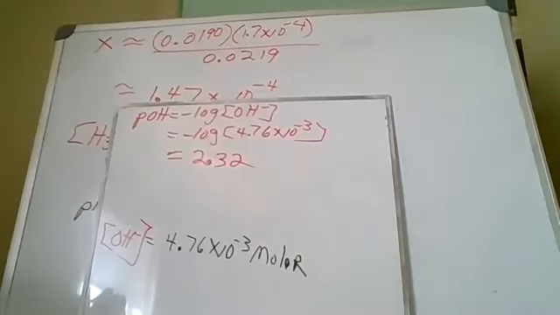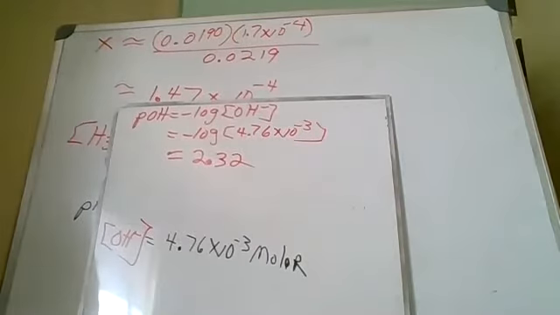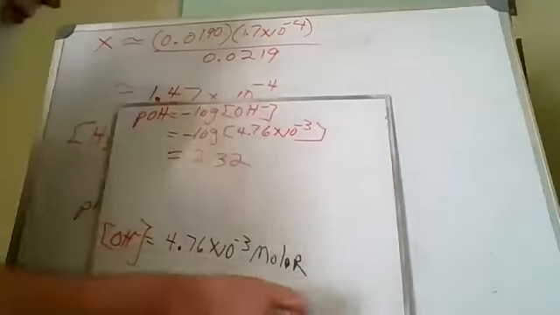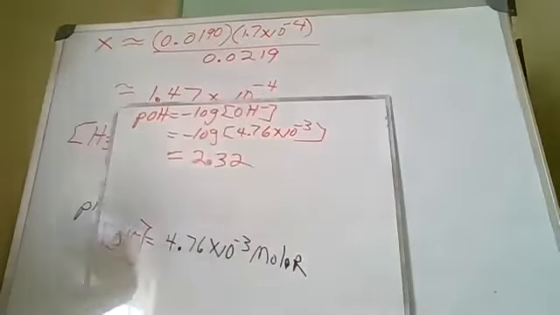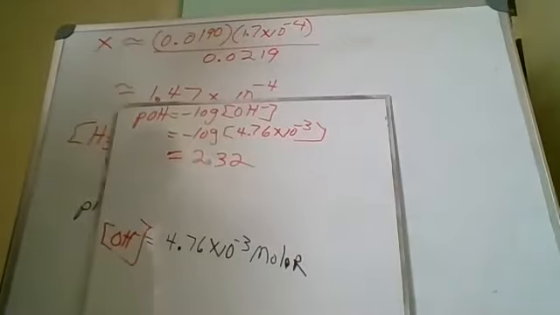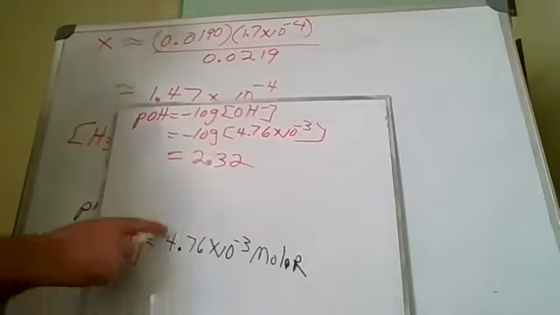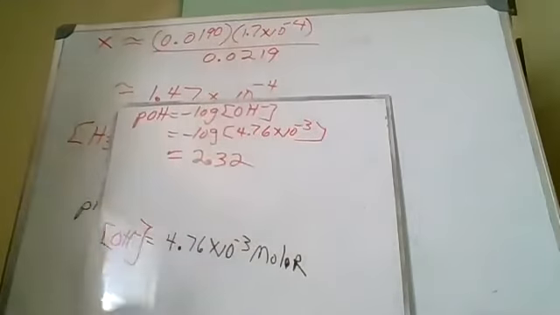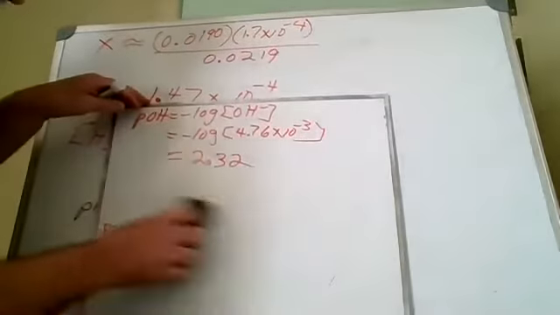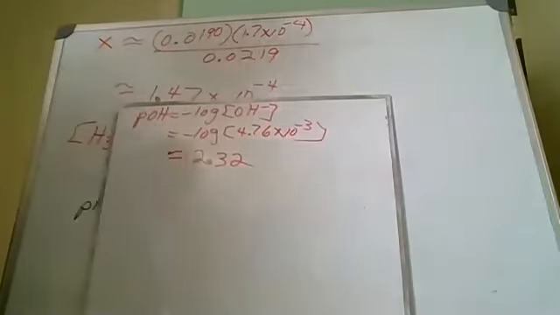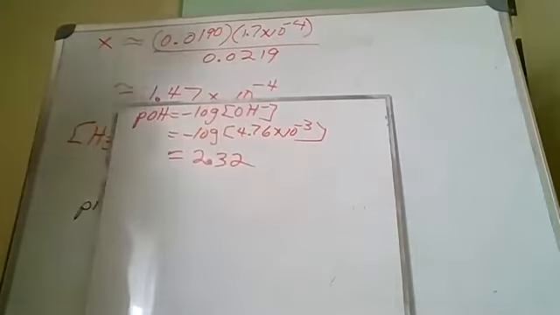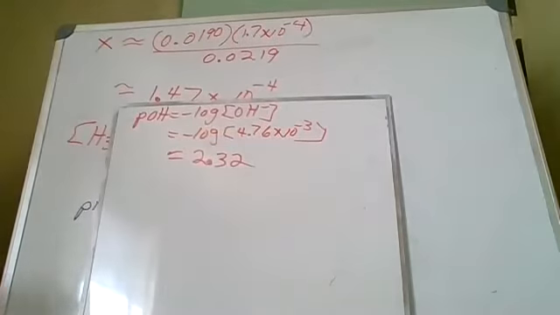That's the pOH. All right, but we're after the pH, but we know pH plus pOH equals 14. So hopefully you have this concentration written down on the bottom. Again, all we're doing is finding what the pH of the solution would have been without the presence of the buffer.